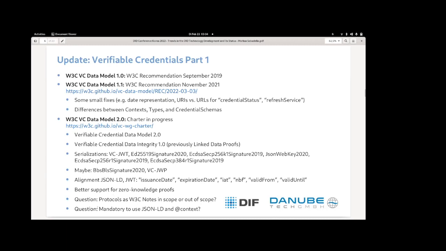And maybe another question for the working group will be to what extent, or whether or not, JSON-LD and the add context feature of JSON-LD will be required. So there are some open questions on what exactly this working group will do, but it has some very, very useful objectives, I think, especially to standardize some of the pieces that are still missing in the community.